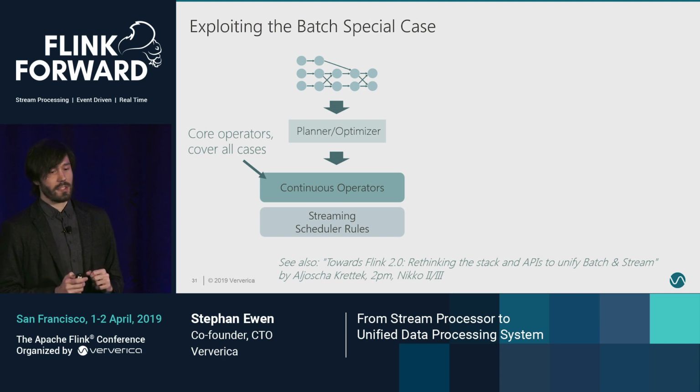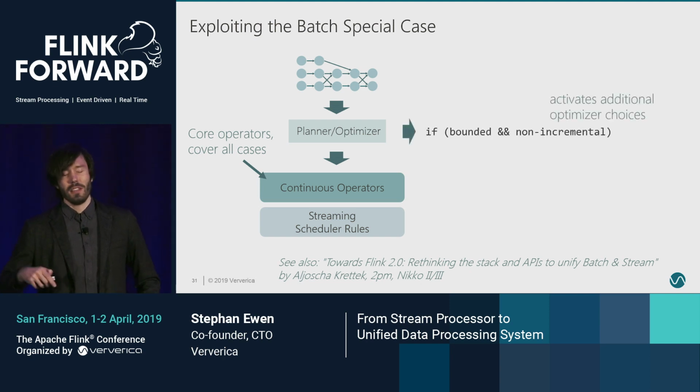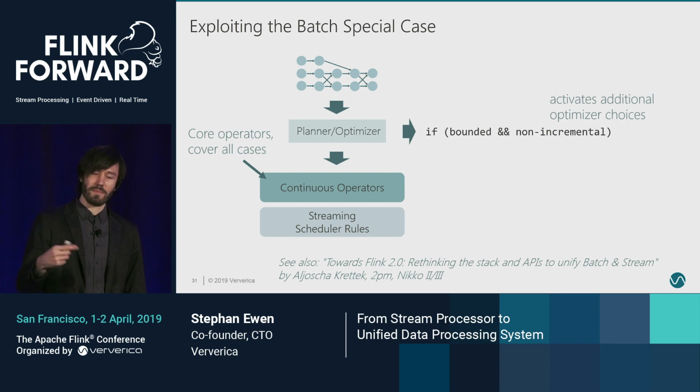But for the algorithms where it's relevant, it's not relevant for all, but for some, for example the join algorithms, you can think of it as there being some rules in the optimizer that look at the program and say, hey, some optimizer rewrite rules, like in SQL.